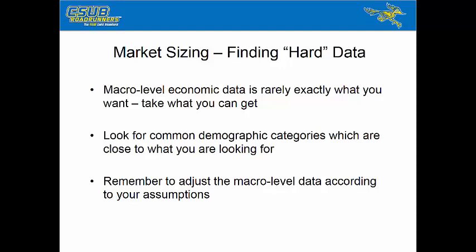And then you have to remember to make adjustments to the macro level data according to your assumptions. So if the macro level data is education professionals, then we need to make at least 2 assumptions. One is what percentage of all education professionals are in higher education as opposed to secondary education or primary education.